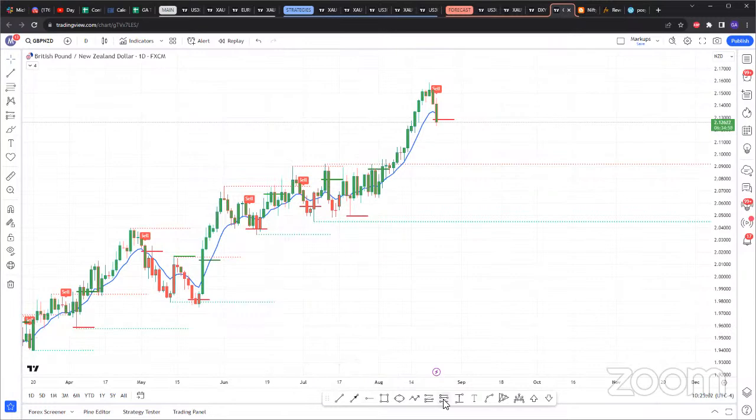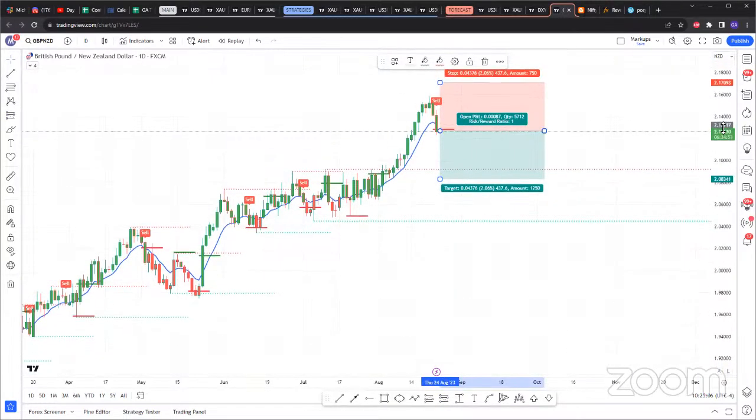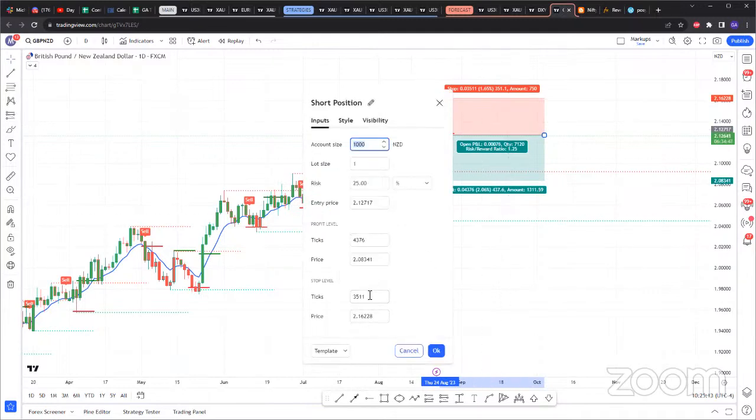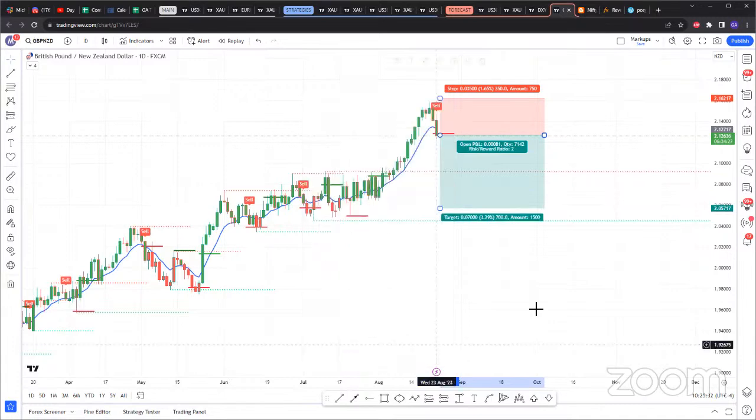So this actually could be a swing trade. Let's see how many pips this is. I hate when this is in thousands. I think this is 350 pips, if I'm not wrong. Yeah, this is 350 pips. So you'd be going for 700 pips TP.